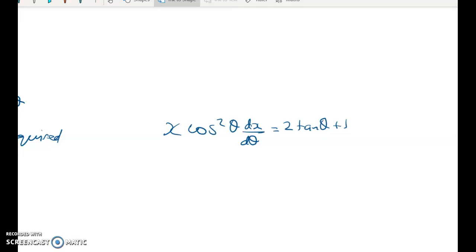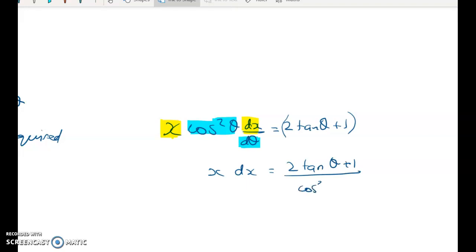So looking at what's got x's in it, here's an x here and a dx here. And here we've got cos squared of theta and d theta. I'm going to start off by popping all of that into a big bracket. That leaves me with x dx is equal to tan theta plus 1 divided by cos squared theta d theta.